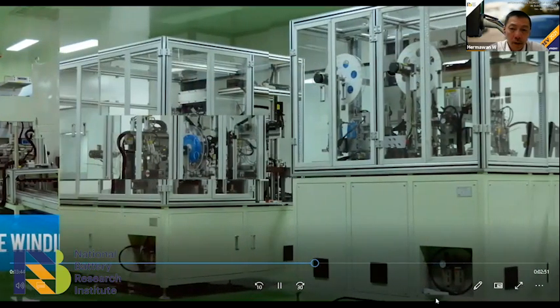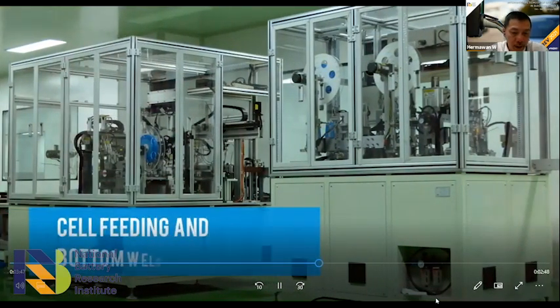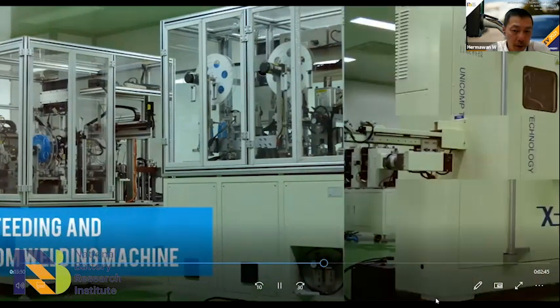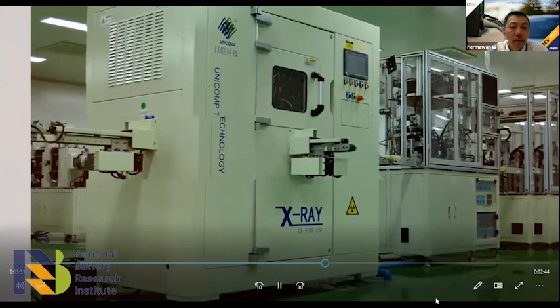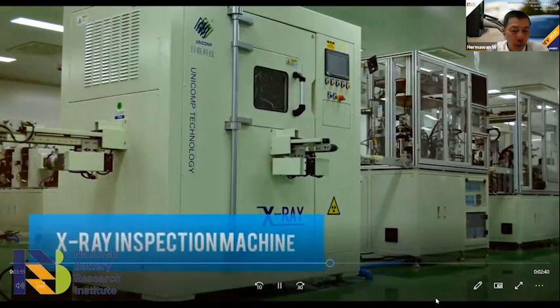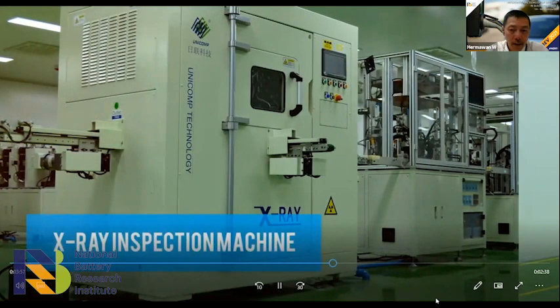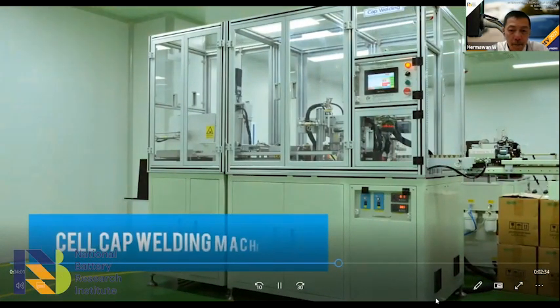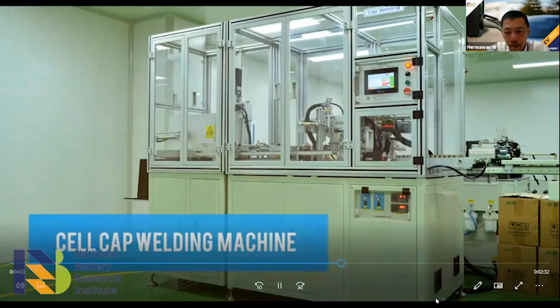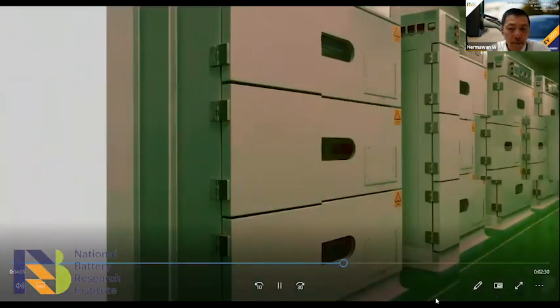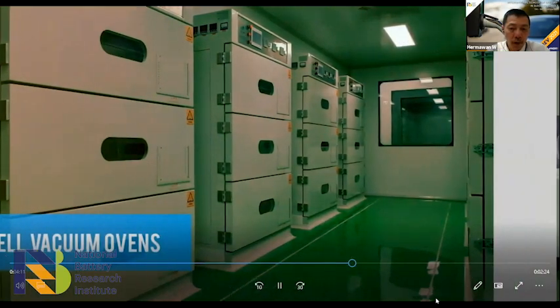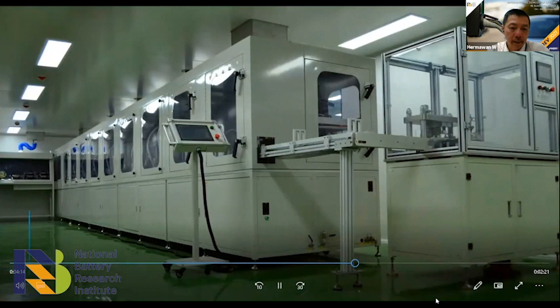Then after we fit it in the can and weld the bottom or the body of the can, we check 100% with X-ray. And we keep the cap, welding the terminal in the positive cap. And next we need to dry again before we fill with electrolyte.